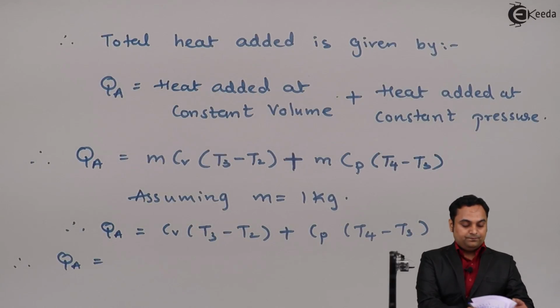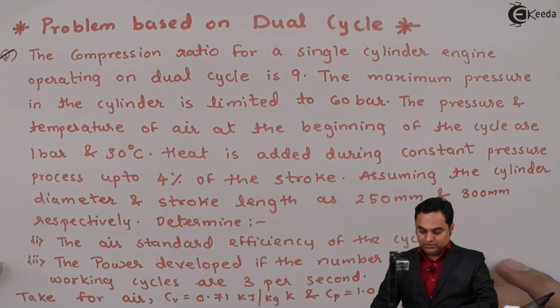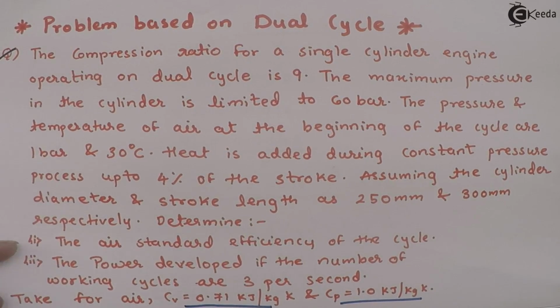The Cp and Cv values for air were already given to us in the data, and if we look at the question here, Cv is 0.71, Cp is 1.